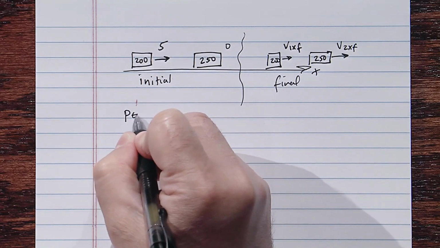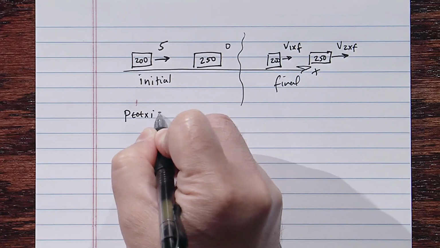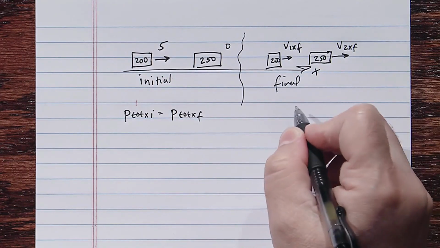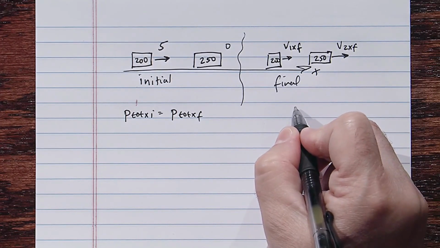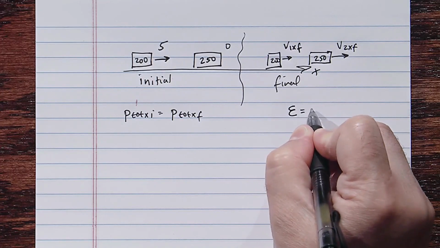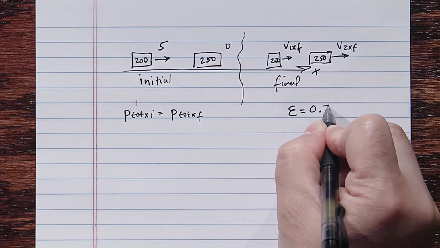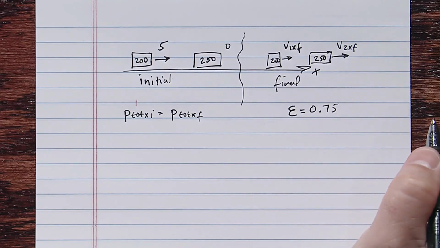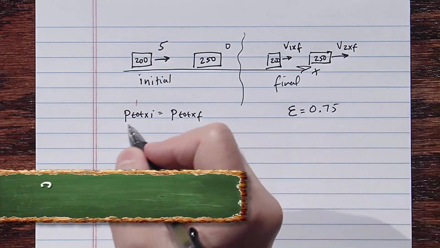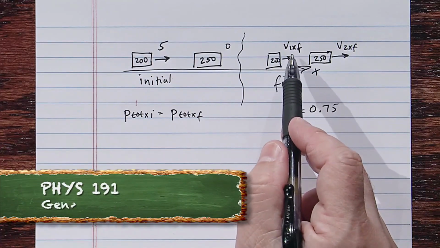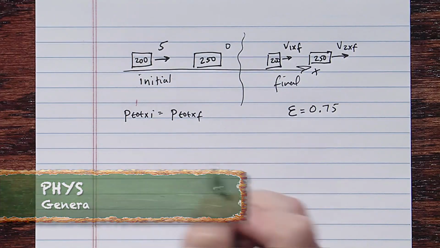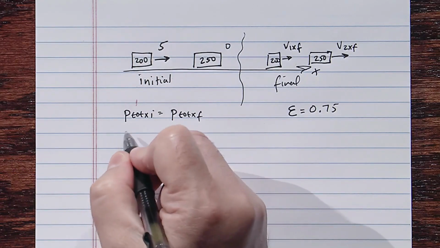So P total x initial equals P total x final. And we also know that the coefficient of restitution, E, is equal to 0.75. So this gives us our two equations. We're going to have two unknowns, v1x final and v2x final, so we need two equations in two unknowns.